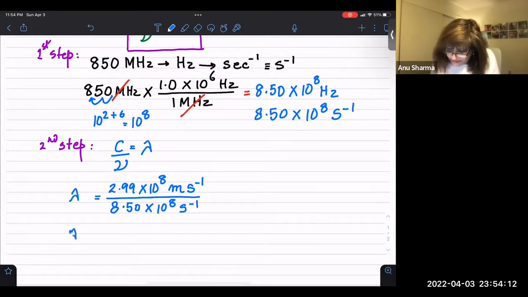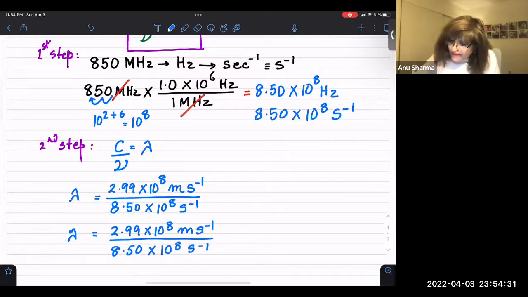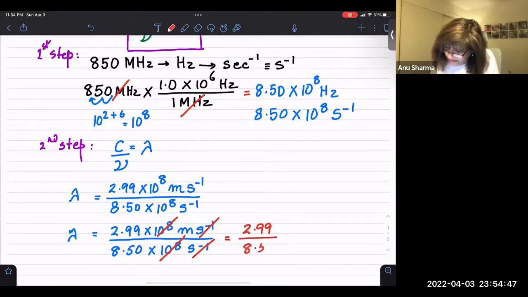Now here, wavelength is equal to 2.99 × 10^8 meters seconds inverse over 8.50 × 10^8 seconds inverse. So seconds inverse and seconds inverse cancel out, 10^8 and 10^8 cancel out, and you are just left with 2.99 divided by 8.50 and meters.